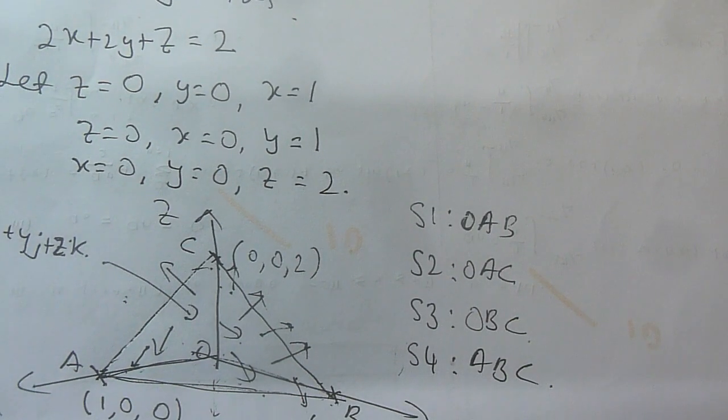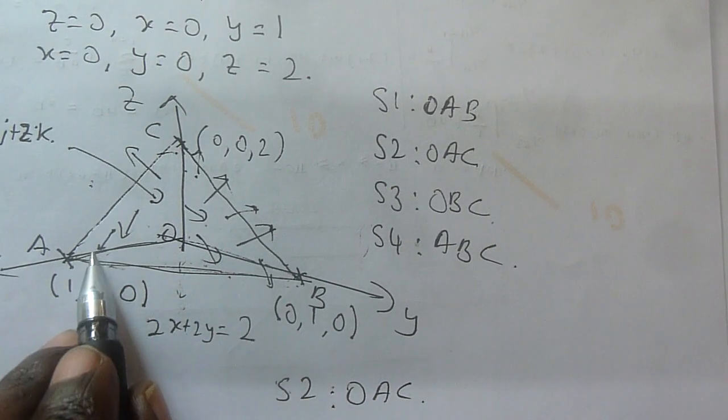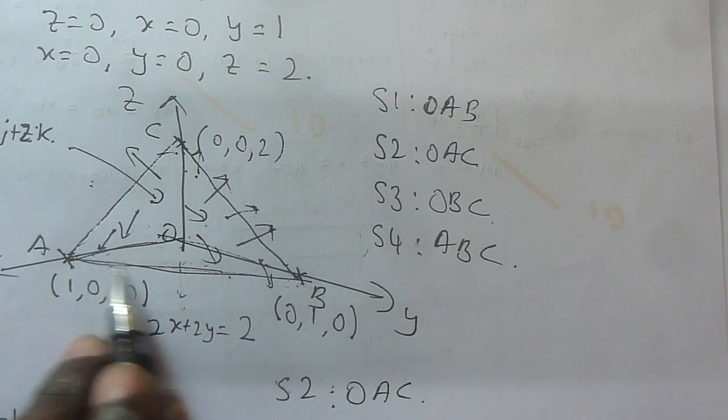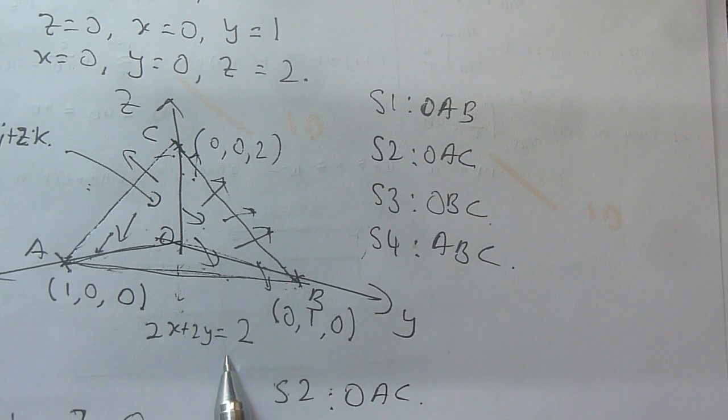What is this line here? This line is 2x plus 2y equals 2. Can you see this line here, because z is 0.